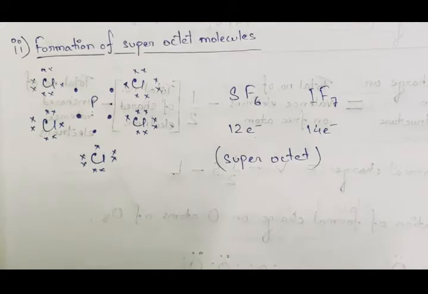Some other examples are also there, like the formation of oxyfluoro compounds of xenon. As I have already said in the previous classes, among the noble gases, only xenon and krypton mainly form some compounds with the most electronegative elements like oxygen and fluorine. Xenon, more than krypton, is mostly known to form compounds with oxygen and fluorine.